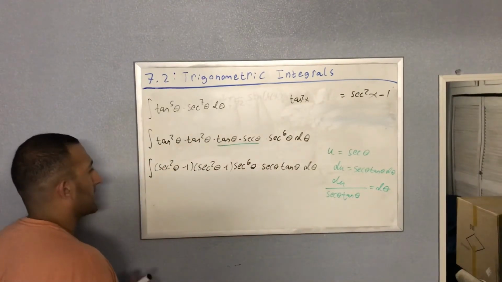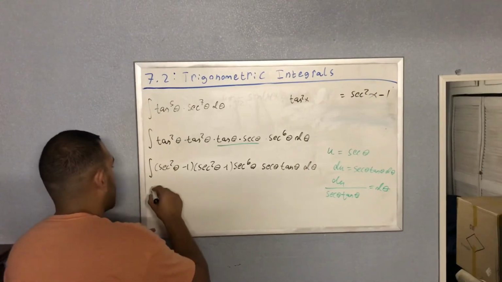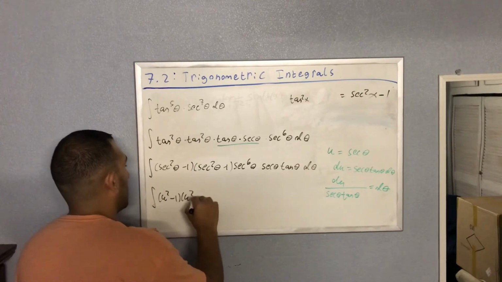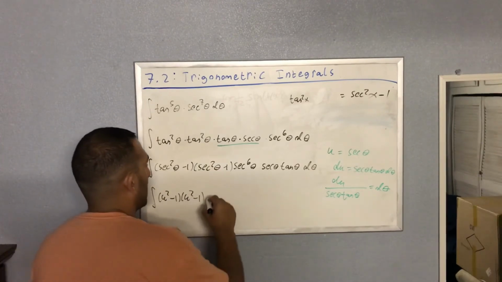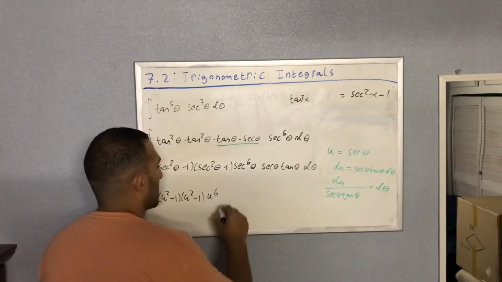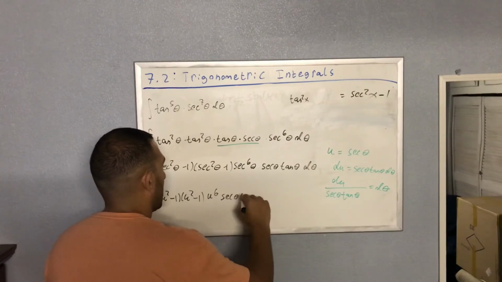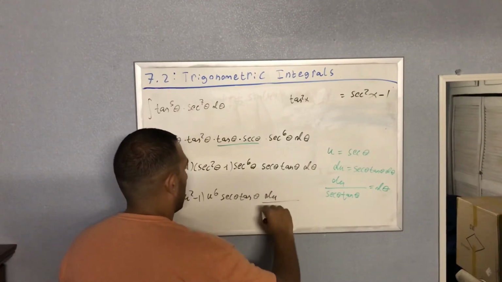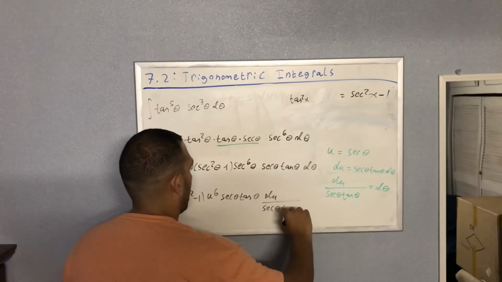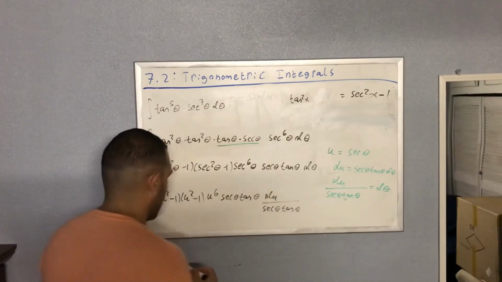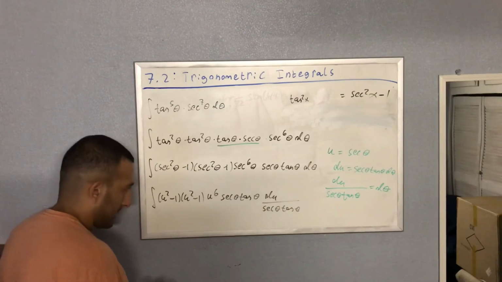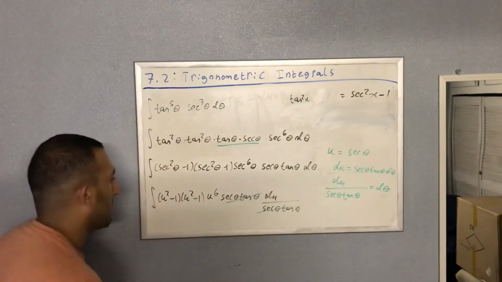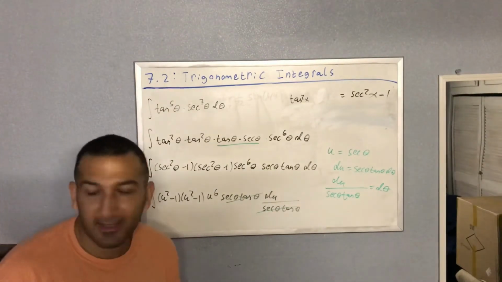So now our new integral becomes u squared minus 1, u squared minus 1, u to the 6th, and this extra factor cancels out perfectly. And so we just have u's. Look at that, that's beautiful.